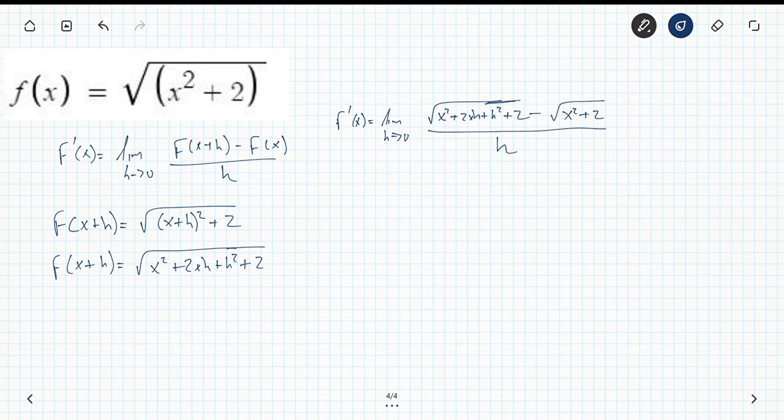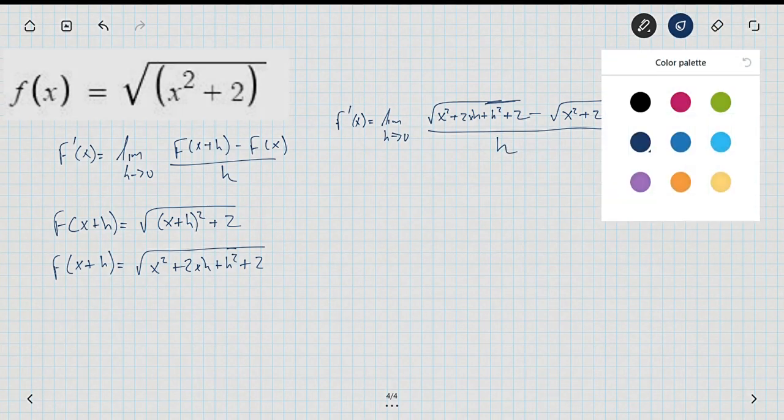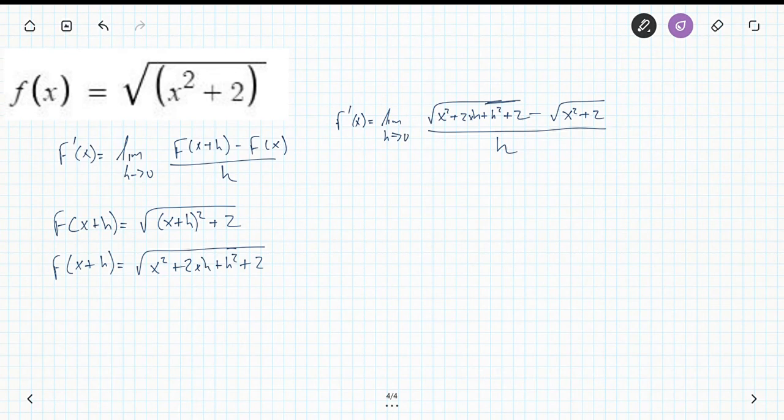Okay, what's next? We're going to use that conjugate expression. So what are we multiplying here by? We're going to multiply this whole thing by x squared plus 2xh plus h squared plus 2.